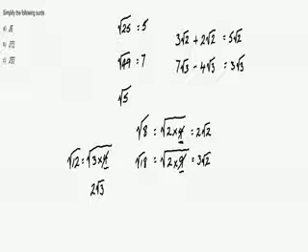Now if we look at root 32, so again, same procedure, the root of something times something. Now, I could have 4 times 8, because 4 times 8 is 32, and I do know the root of 4.